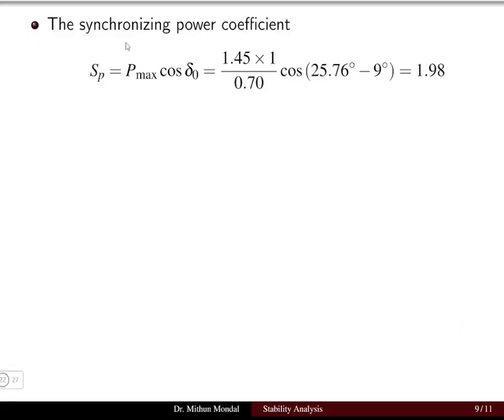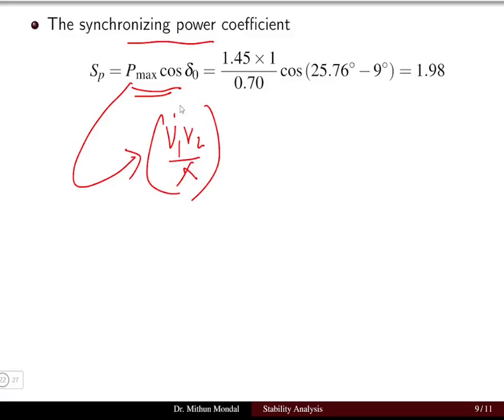Now the synchronizing power coefficient we can determine with the equation Pmax cos delta. We have discussed that Pmax is equal to V1 V2 by X of the system, where V1 is the voltage of the generator and V2 is the voltage of the infinite bus.